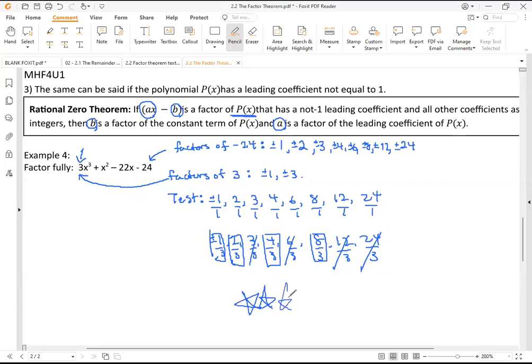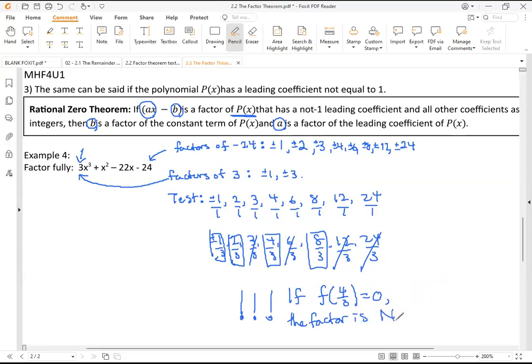Put 3 stars here, or 3 little exclamation marks, to tell yourself that if f of, let's say, 4 over 3 equals 0, the factor is not x minus 4 over 3.